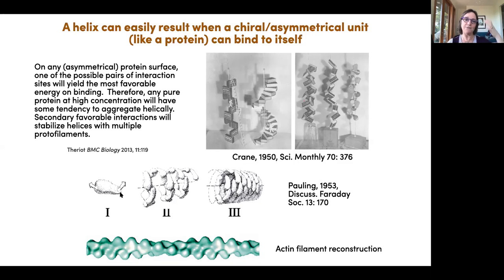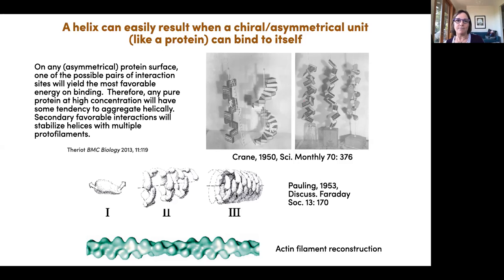And if this protein has a surface that can bind to itself, right? So if this surface likes to bind to this surface, what will happen eventually is that at high enough concentration, this protein will make some kind of helical structure. That's just like what happens if you take an asymmetrical building block that sticks to itself in some place, that it will naturally make filaments.